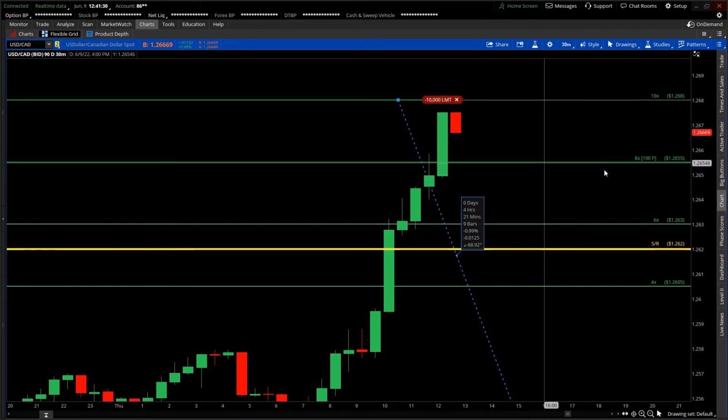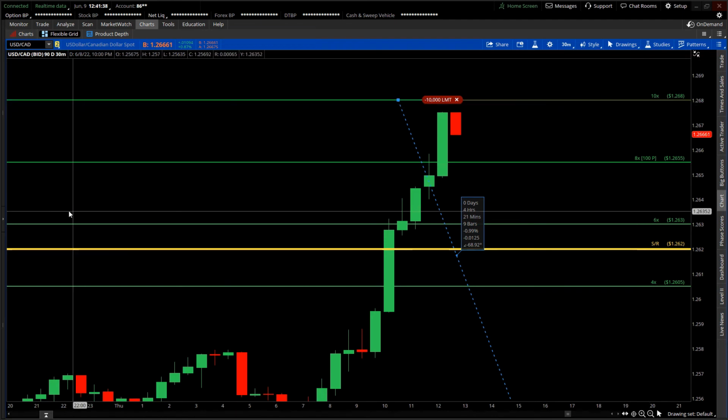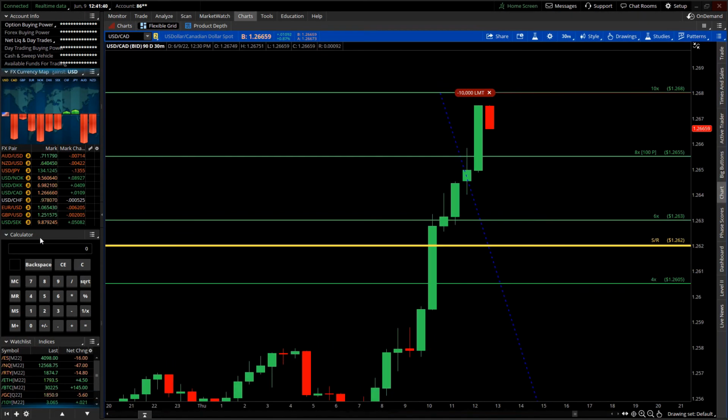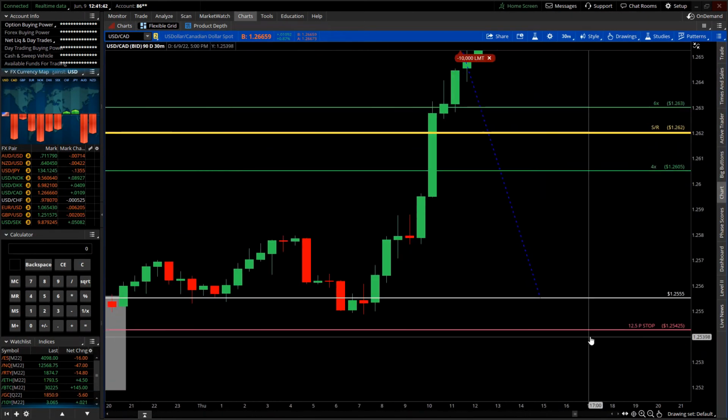But here, 8x would have been a good exit point as well, because that's 100 pips. Here at 10x, that's 125. So just to double check, right here, I had initially marked up 12.5 pips as my stop.